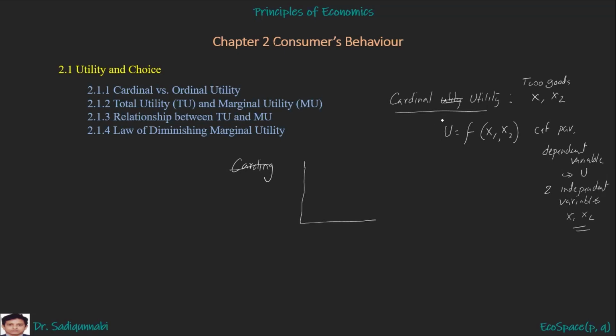So our cardinal utility turns to total utility: total utility is a function of only x1. Suppose on this axis we measure x1 and on this axis we measure TU. Again, ceteris paribus, we keep it constant.